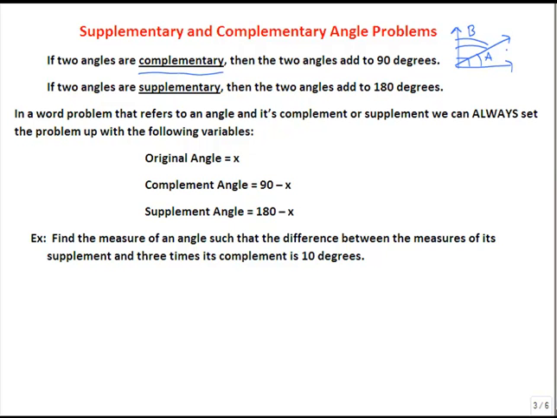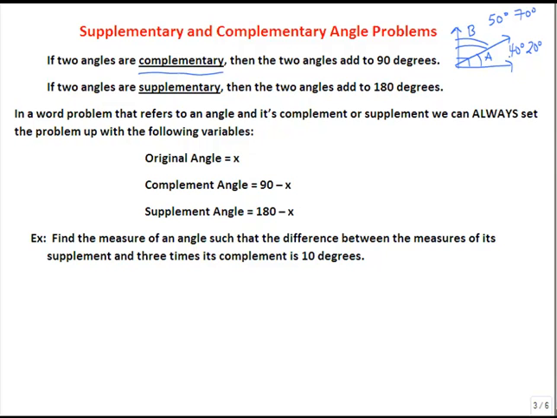Now, if we know that, for example, A is 40 degrees, what does that force angle B to equal? Well, if they have to add up to 90, then angle B would have to be 50, since 40 plus 50 is 90. Well, what if angle A was 20 degrees? Then what does that force angle B to equal? 70 degrees. Another way of getting angle B is by taking whatever angle A was and subtracting it from 90.